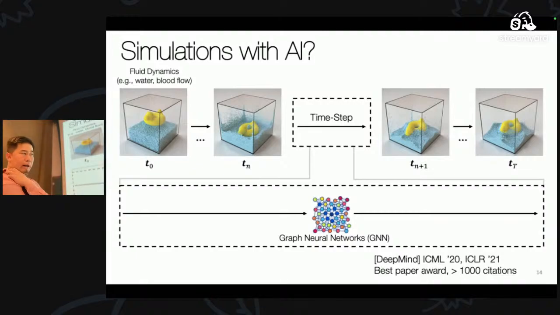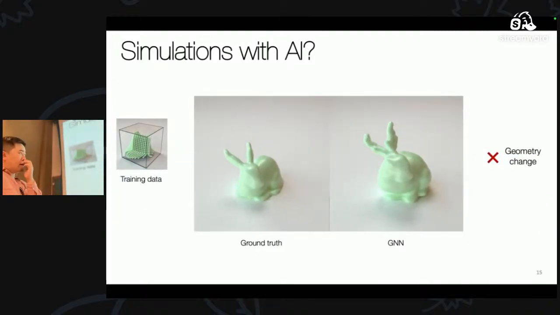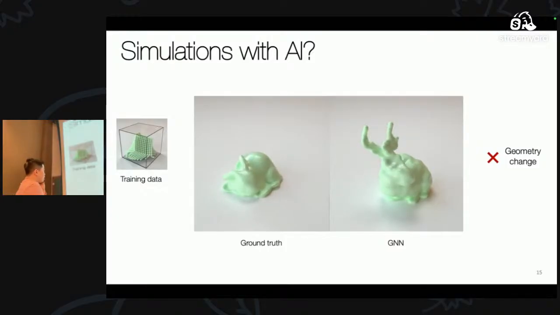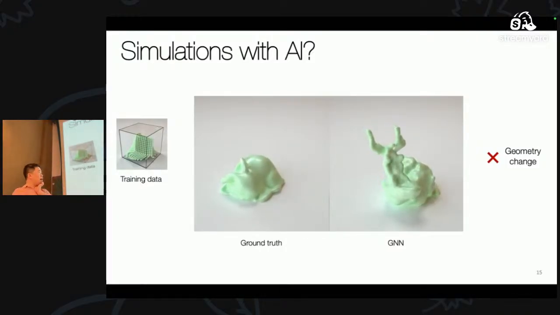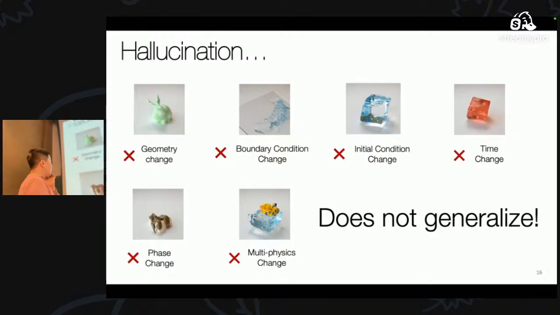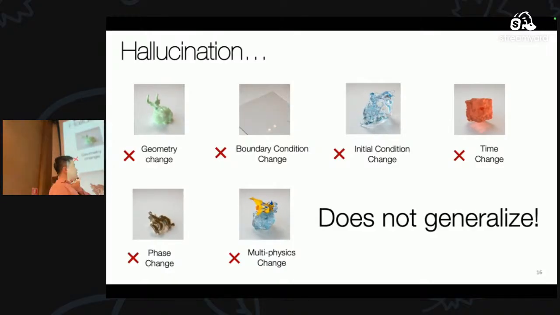So this approach does have its limitations. For example, let's say we train on the training data here, right? It doesn't necessarily work when we want to swap this cube geometry to a bunny geometry, right? So it doesn't quite work. In fact, when we tested it after training, it really suffers from these generalization problems.